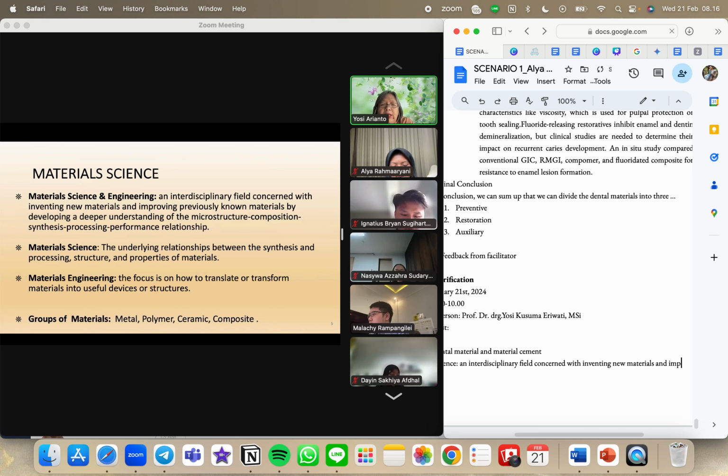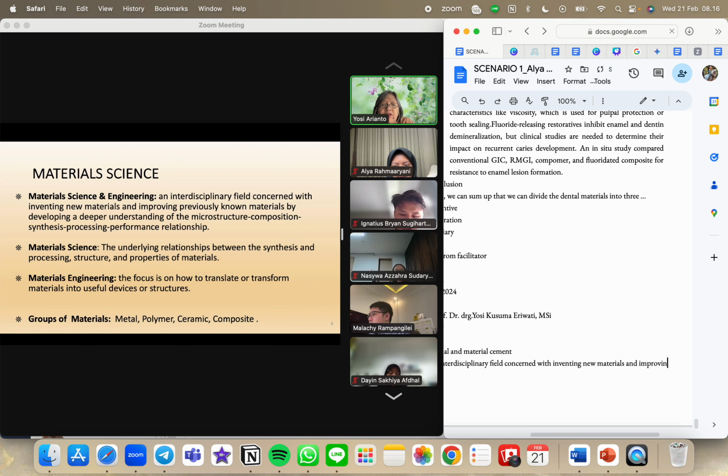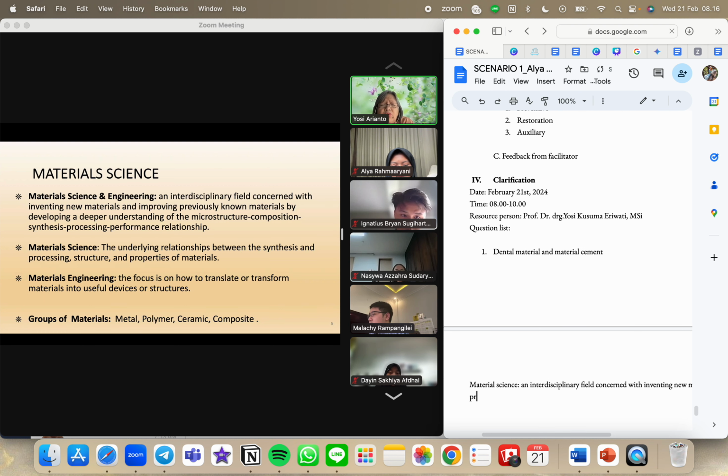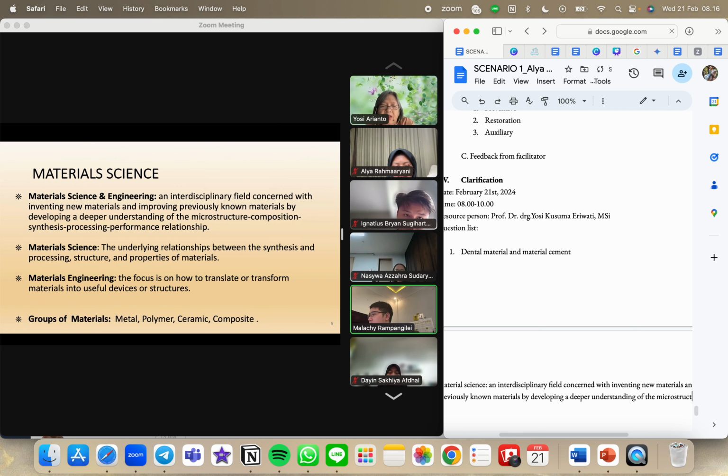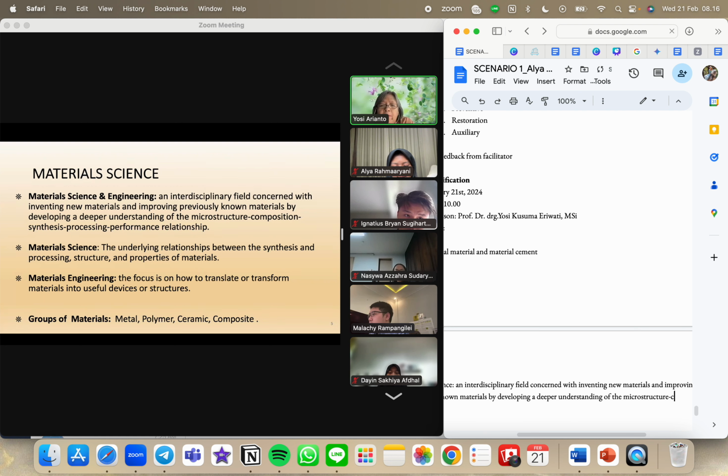So usually, because there is engineering here, the target is to develop some kind of new material that we will need in this world. Okay. After that, the underlying relationship between the synthesis, processing, structure, and the properties of materials.